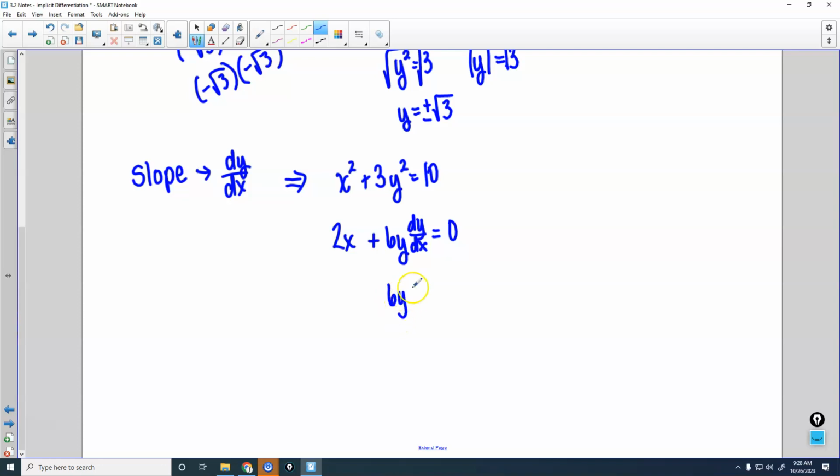So 6y dy/dx will equal negative 2x, and we will divide both sides by 6y. So dy over dx equals, we'll reduce that and get negative x over 3y.